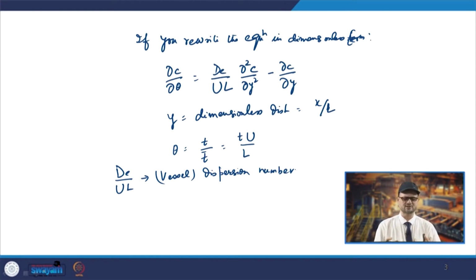Depending upon the flow condition, this dE by UL will change. Now, depending upon the different values of this dispersion number, you will have different shapes of the F or the C curve. That can be seen, and the effect is more pronounced in the case of the C curve instead of the F curve, when your dE by UL approaches 0.